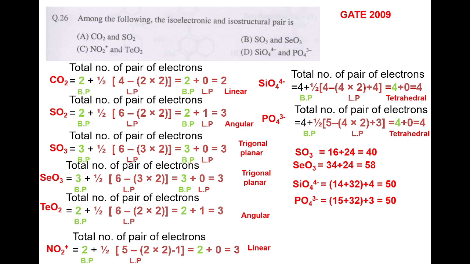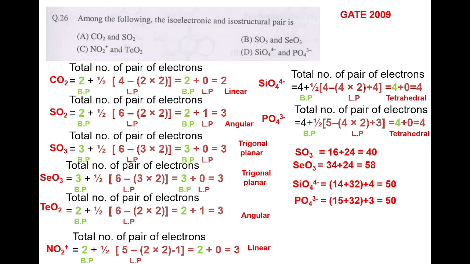But if you look at SiO4 4 minus and PO4 3 minus, we'll get 50 electrons each. Silicon has atomic number 14 plus 32 for 4 oxygen, and 4 minus is the charge, so we have to add 4 here.